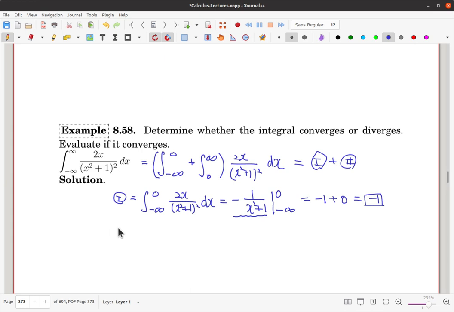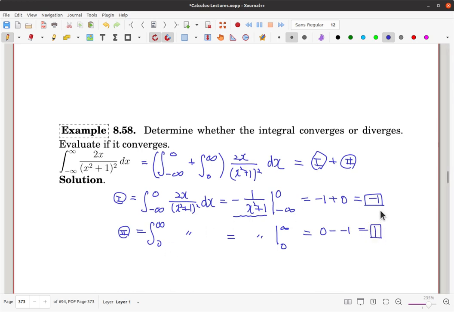Secondly, for part 2, we get the value from 0 to infinity, with the same integrand and the same antiderivative. When x is infinity, the value is 0, and at 0 it's minus 1, so 0 minus (minus 1) is 1.